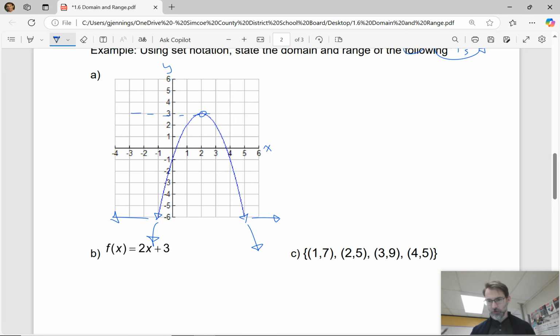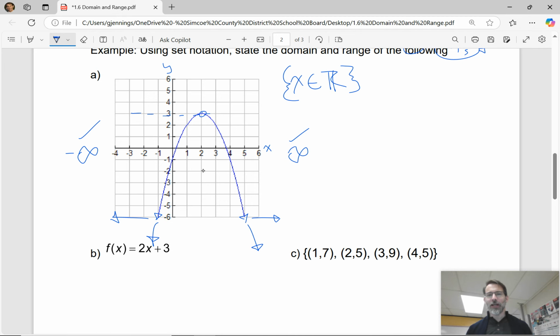This never goes above that. So this one would be x is of the real numbers. Done. X is all the real numbers, all the way out towards infinity and negative infinity. They're all okay up until that point.